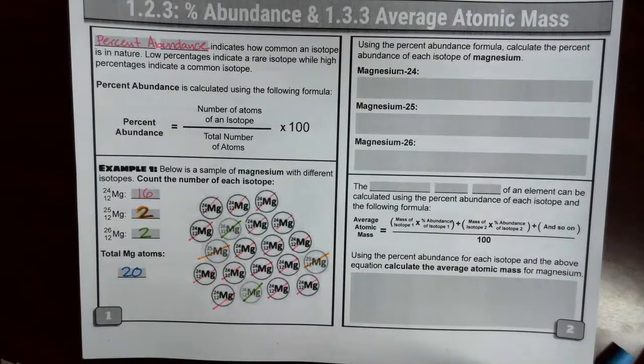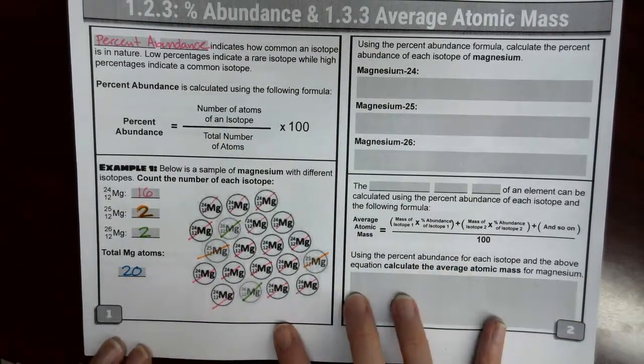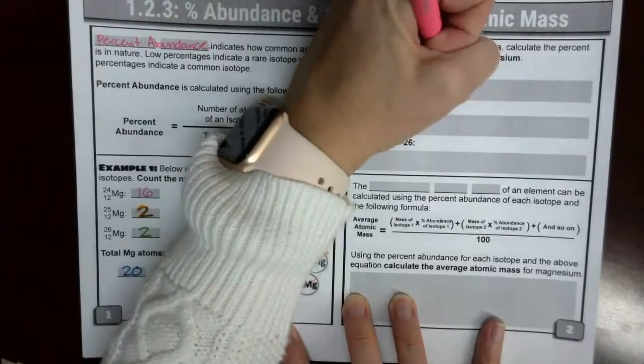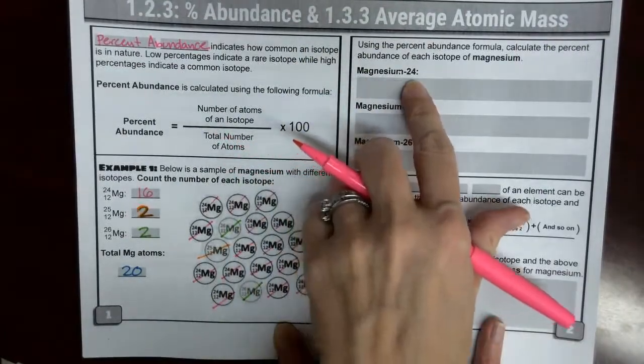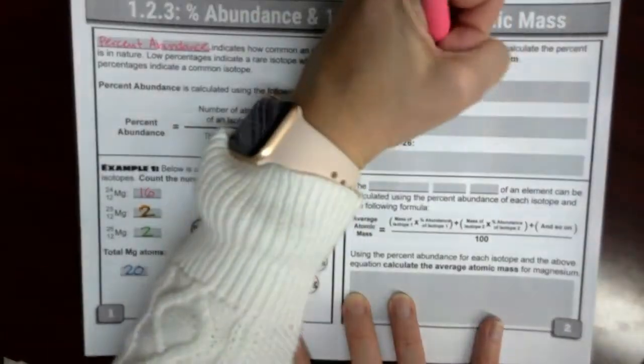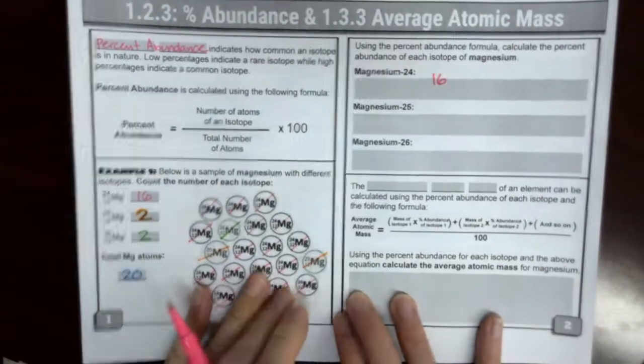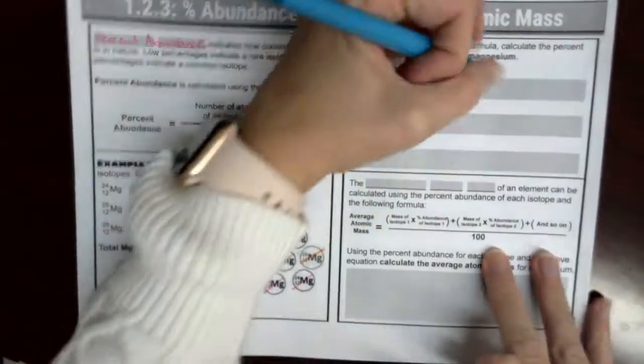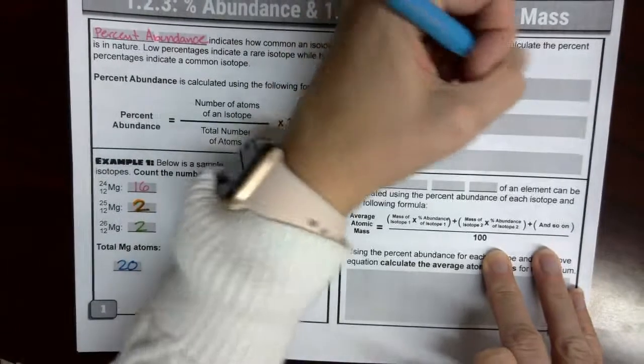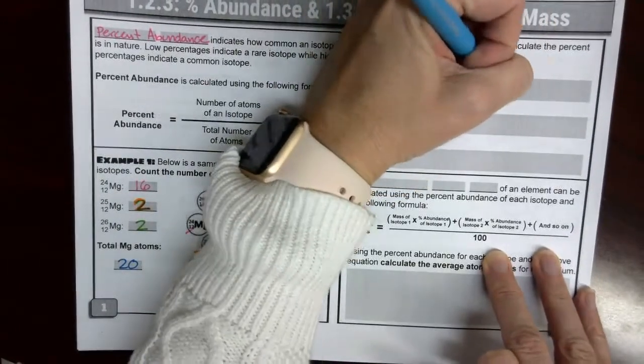Our equation says the number of atoms of an isotope divided by the total number of atoms. I have 16 isotopes with a mass of 24. I'm going to divide that by my total number, which was 20, and multiply that by 100.